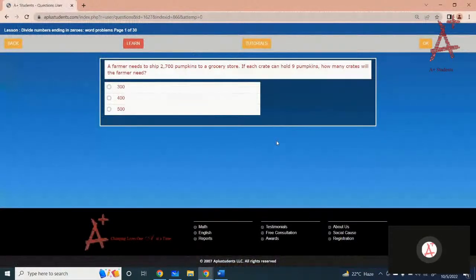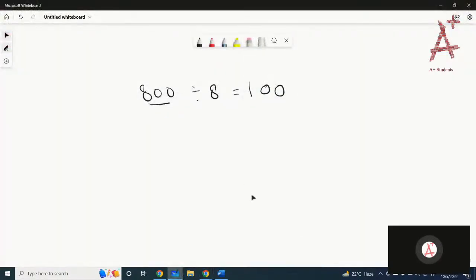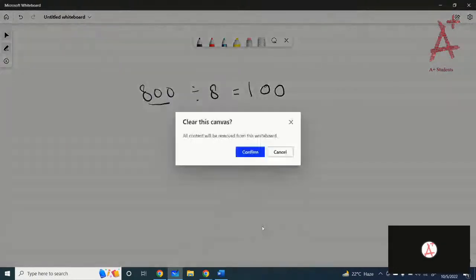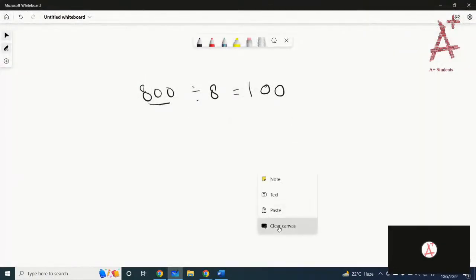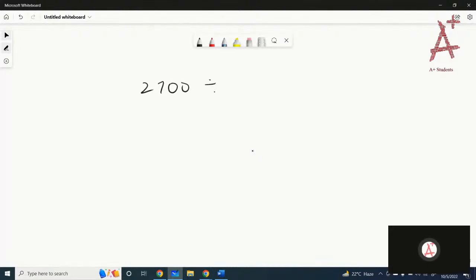Okay, a farmer needs to ship 2,700 pumpkins to a grocery store. If each crate can hold 9 pumpkins, how many crates will the farmer need? So you have to divide 2,700 by 9. So let's just divide the digits first. The digits are 27 and 9.